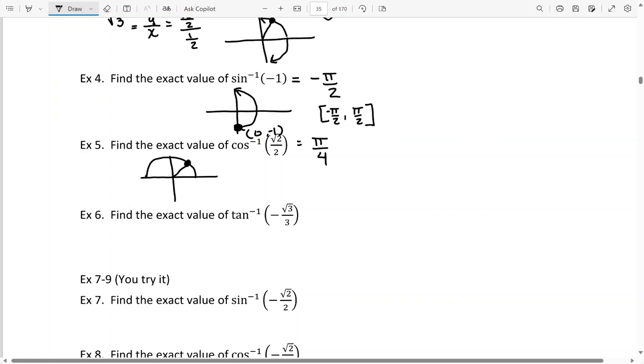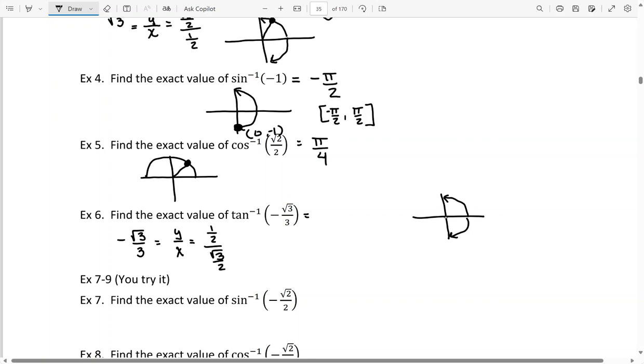Tangent inverse, where does the tangent function equal negative radical 3 over 3? So it's a little tricky, but again, it's kind of the same idea. We're looking for a ratio of radical 3 over 3 where we're y over x. And we don't have a whole lot of choice. If I do 1/2 over radical 3 over 2, keeping in mind that I have to be either in quadrant 1 or in quadrant 4.